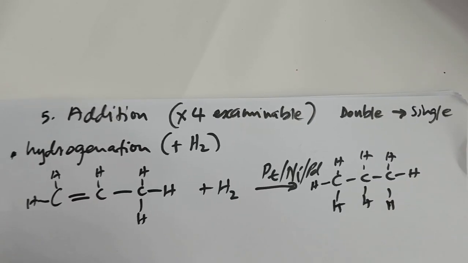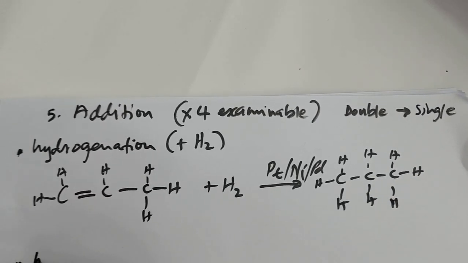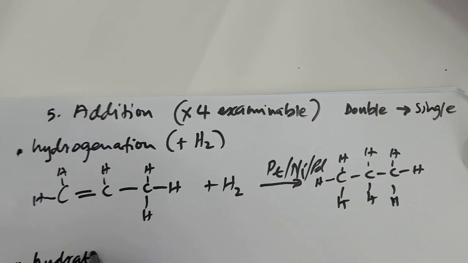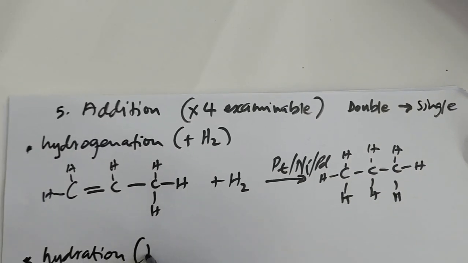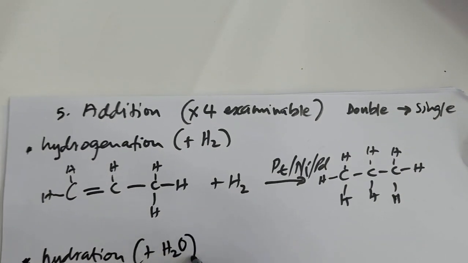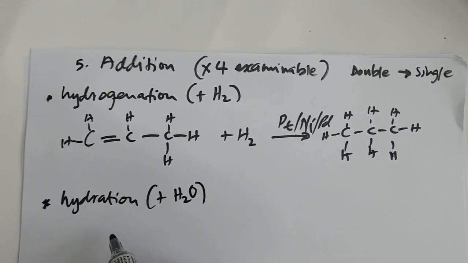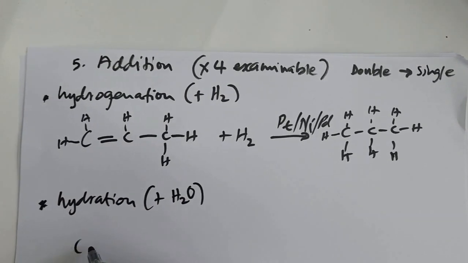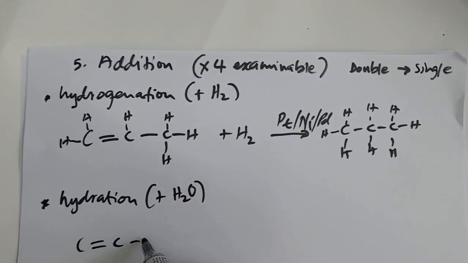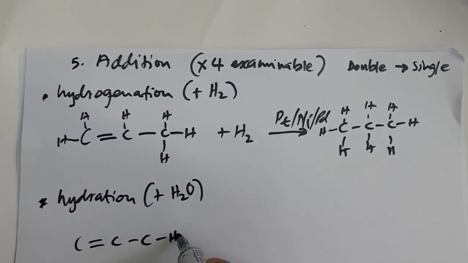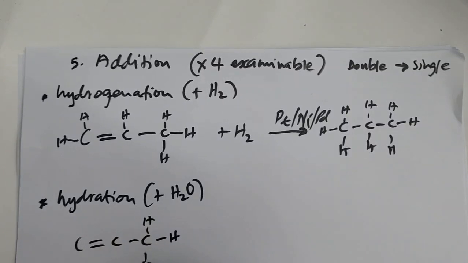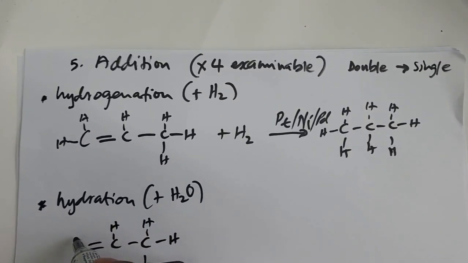The second one, which is also very important, is the so-called hydration. Hydration, in essence, we are adding water. And this one, remember, there's one substance that loves water, that is sulfuric acid. Again, here, if you take propene, propene undergoes hydration.